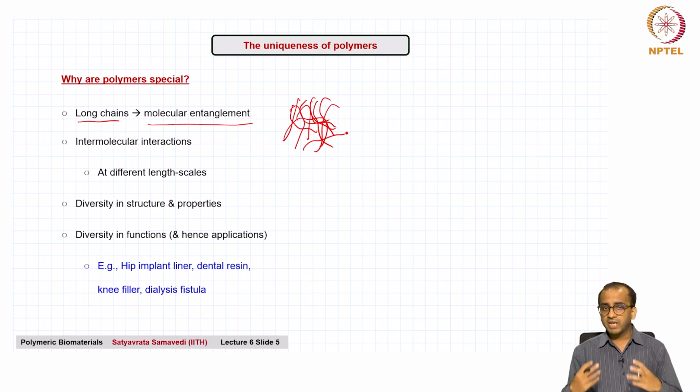So, that is one picture that you can have to begin with when you think of polymer chains and molecular entanglement. You see the same thing when you look at cooked noodles or cooked spaghetti. You see intertwining, you see entanglement of the different chains.